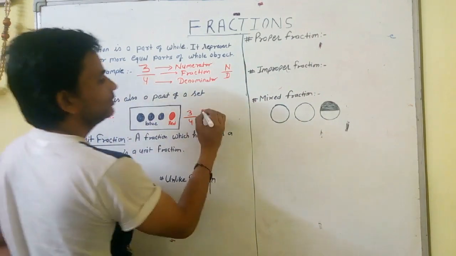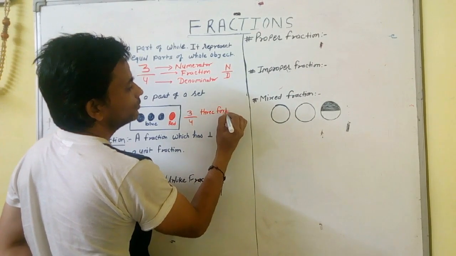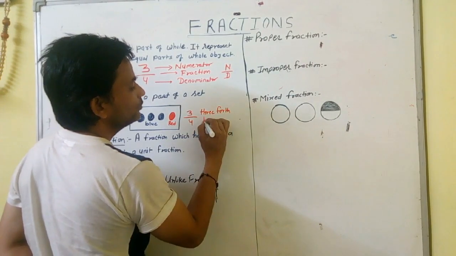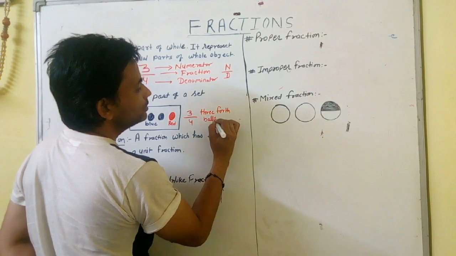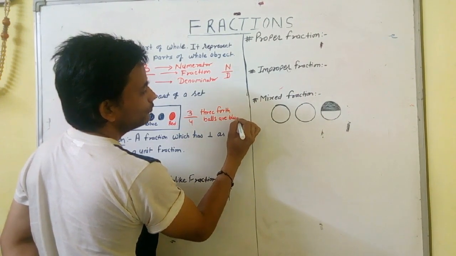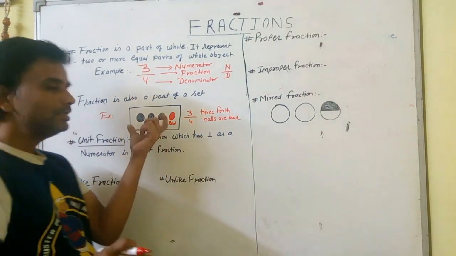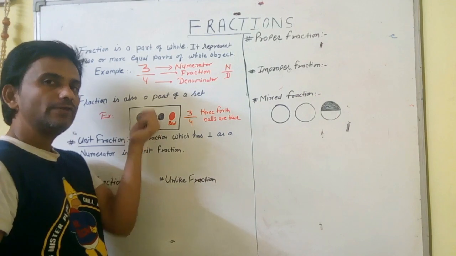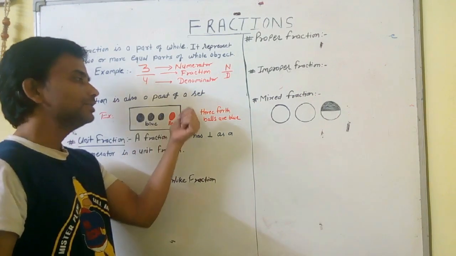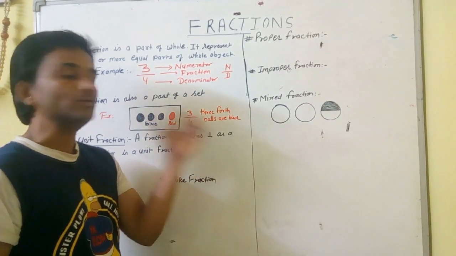That means 3/4 balls are blue. Because in this set, 3 balls are blue and 1 is red. Means 3 by 4 balls are blue.